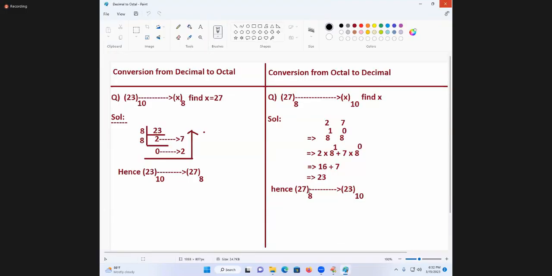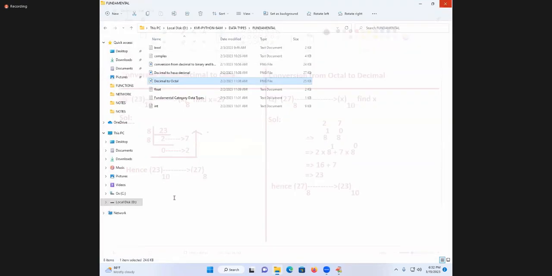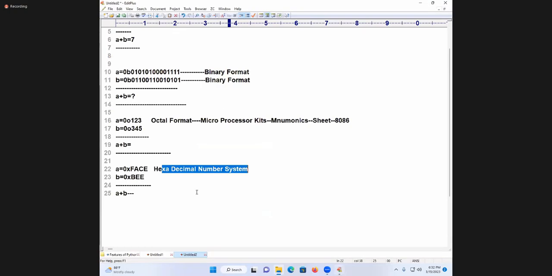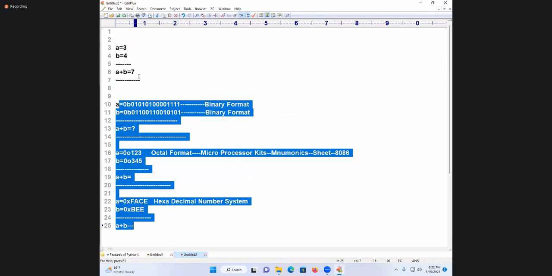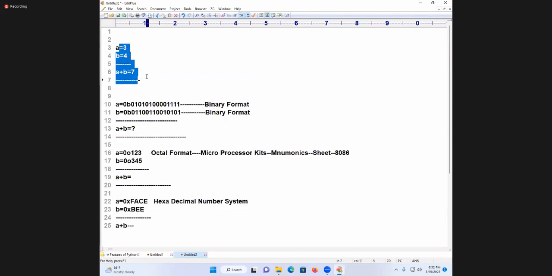So the conclusion today is that irrespective of the type of number system data you represent, Python programming automatically converts it into what format? Understandable format. So octal is converted into decimal, where it can be easily understood by the programmer. Hexadecimal, which is not understandable by the programmer, is automatically converted into what? Decimal.